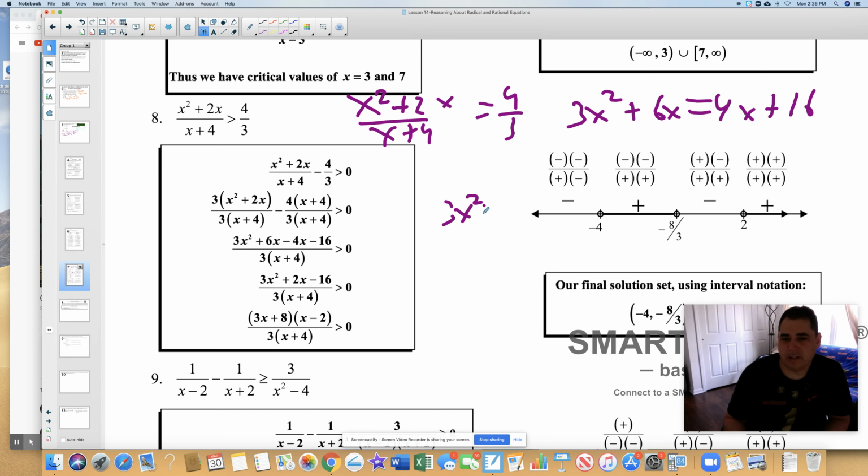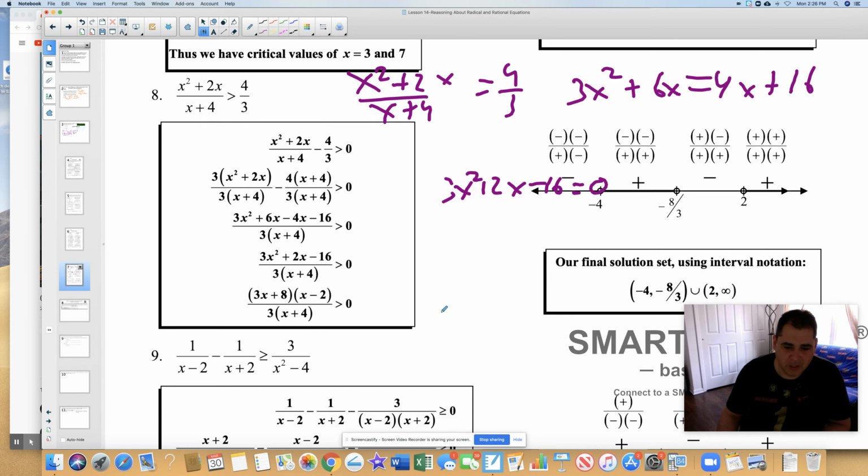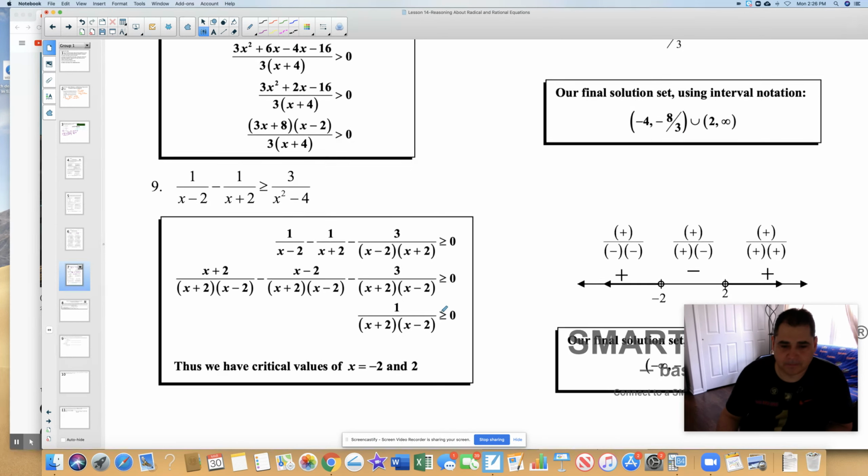So you get positive 2x, and then minus 16. So it turned out the way I did is going to give you what you get on the numerator. Factor, set it equal to 0, solve. You get -8 over 3, and you get 2. Pick the test points. If it's true, you shade it. If it's false, you don't shade it. That's really what you're going to do. Same thing with number 9.